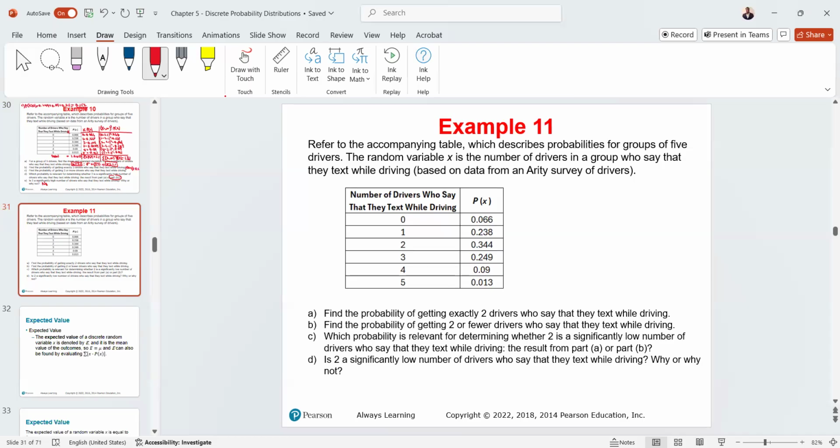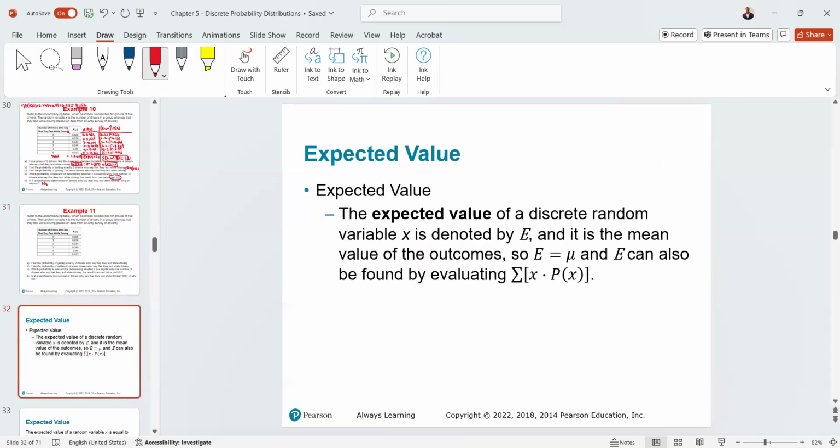Now, one more exercise to complete this session is expected values. The mean of a discrete random variable x is the theoretical mean outcome for infinitely many trials.